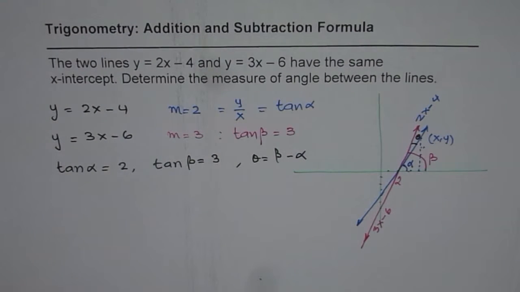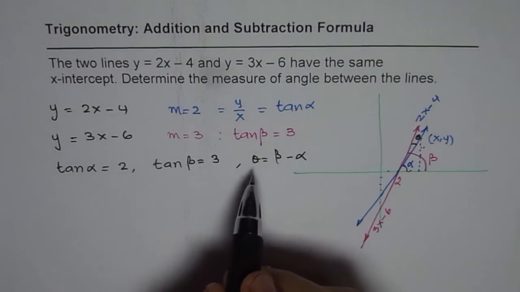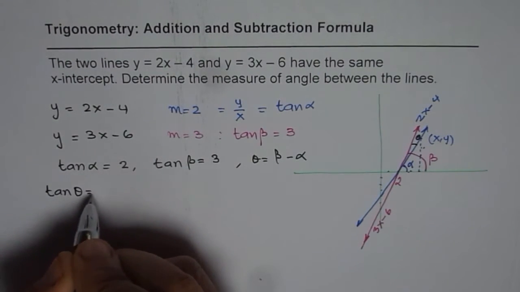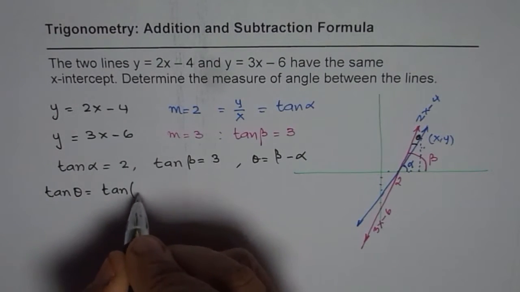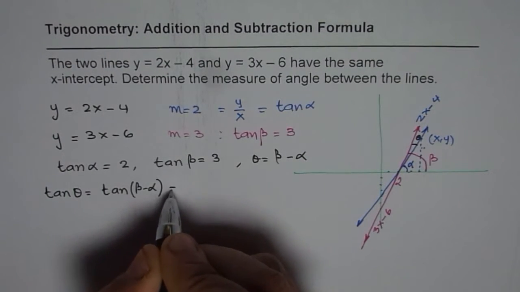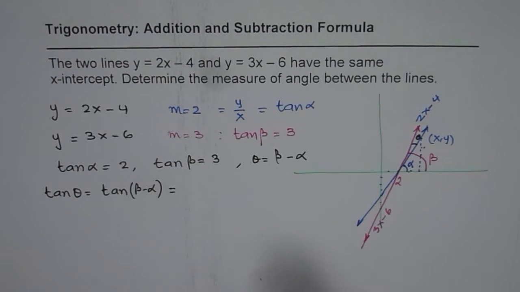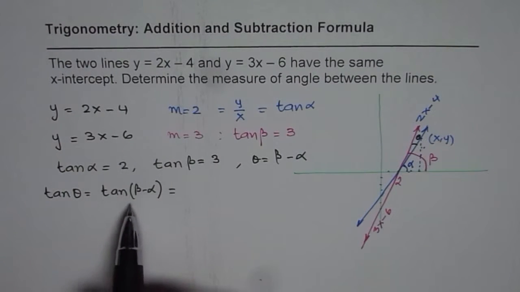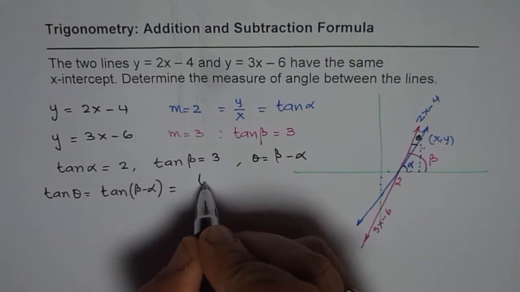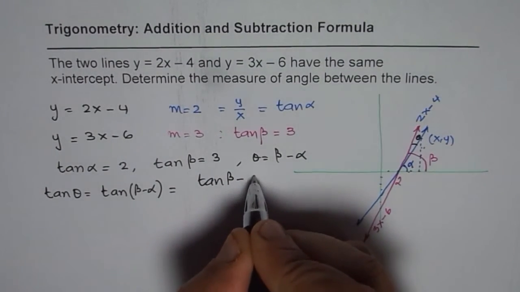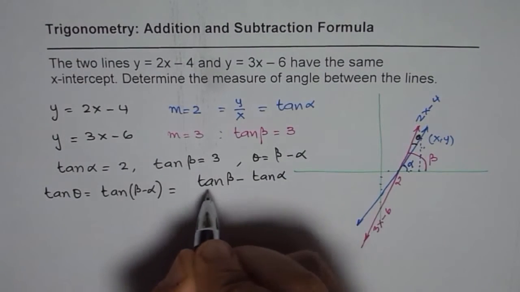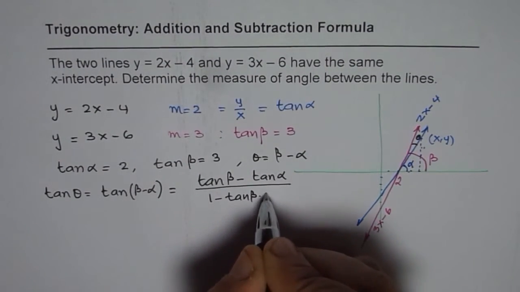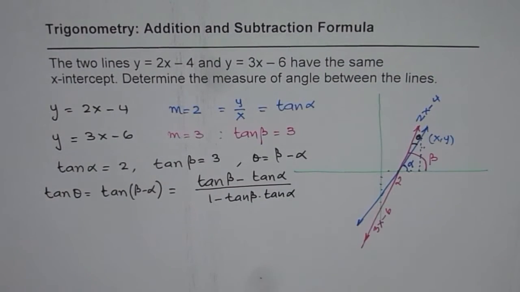How are we going to do it? So what we can do is we can find tan of theta. So we say tan theta equals tan of beta minus alpha. Okay, so now we can apply the sum and subtraction formula for tan. For the subtraction formula, it is tan beta minus tan alpha over 1 minus tan beta times tan alpha, right?